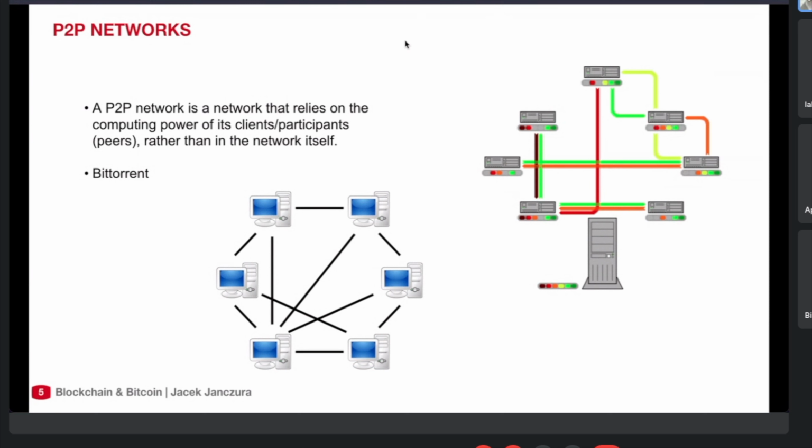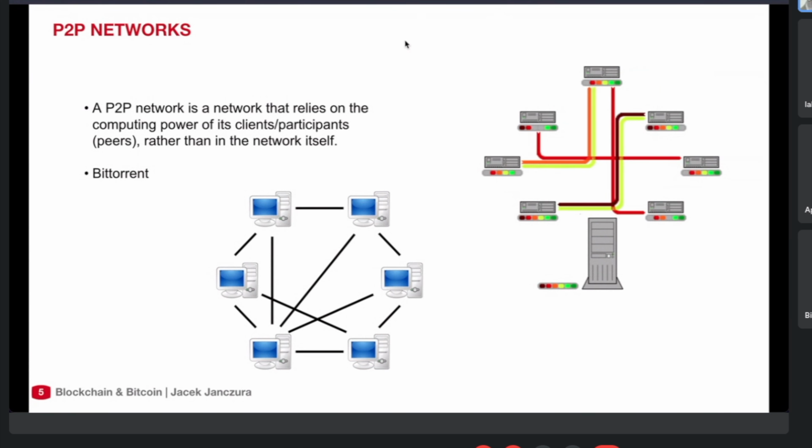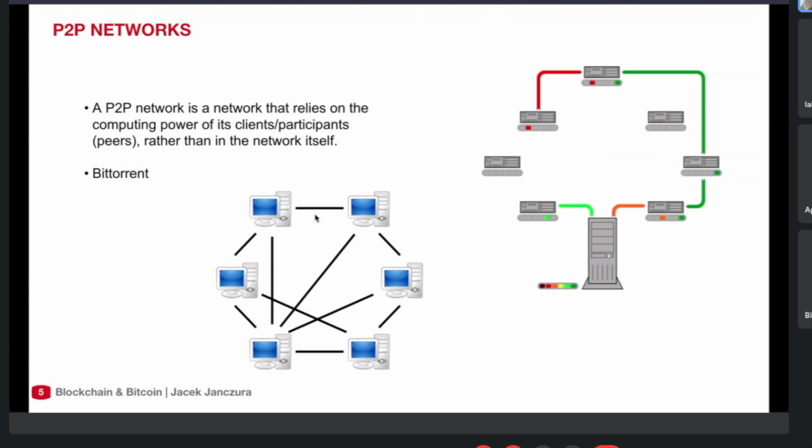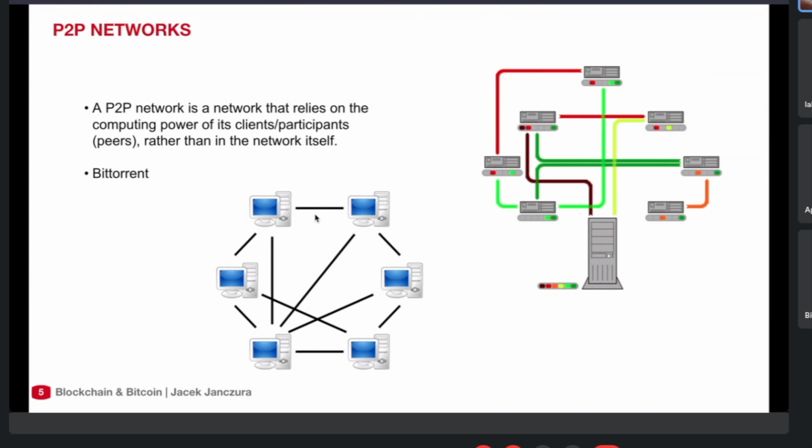In peer-to-peer networks, we no longer talk about servers and clients. In contrast to the centralized server, where we have one server and multiple clients, in a peer-to-peer network all peers, because there are no longer servers, are equal. So the notion of clients and servers doesn't apply.